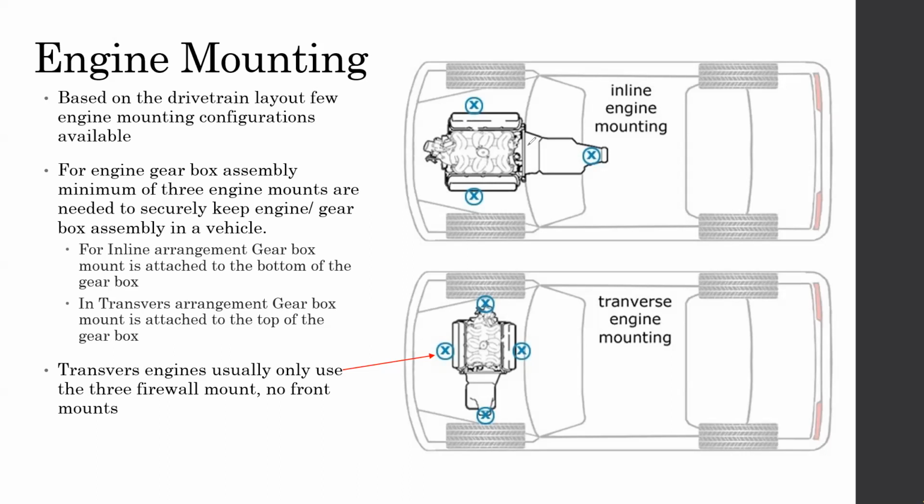They are usually either near to the front or near to the back. But by looking at the whole package or whole assembly, you can see where the center of gravity is and where the weight is coming from. Based on that, these things may change. Okay, so that's how we find out where the engine mounts are going.